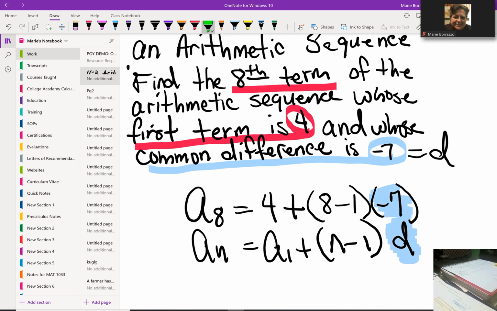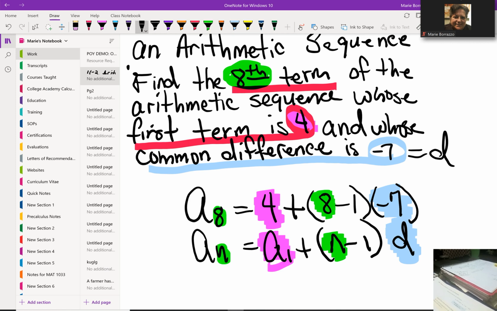Our n is the 8th term, since they want the 8th term, and a sub 1, that's our first term, that's the 4. And all we're doing is throwing this into the equation. Okay, and just follow this as well, because this is important and informational.